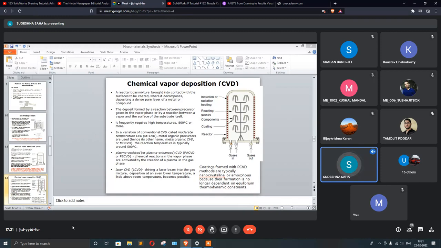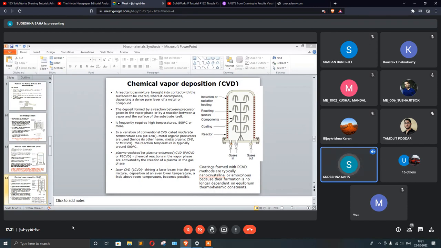If a laser beam shines through the reacting gas mixture to create reaction hotspots, or rather catalyze the reactions, then that process is known as laser CVD. So there is a whole set of new techniques coming up day by day alongside these conventional techniques.